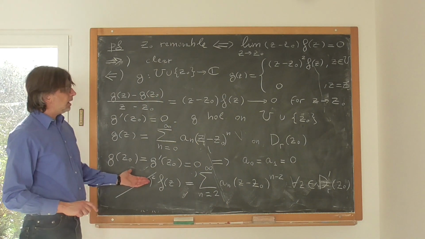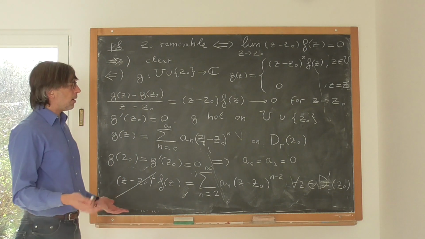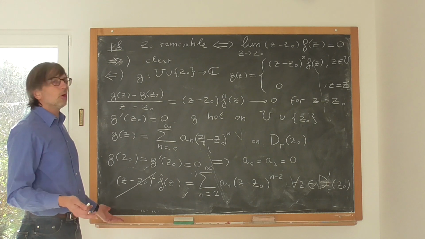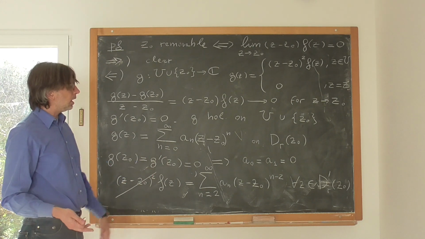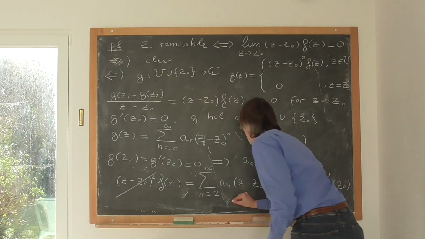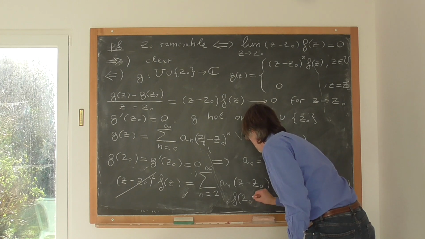So f in this punctured disk is the sum of a power series, and as such it extends to a holomorphic function on the whole disk just by setting the extension.